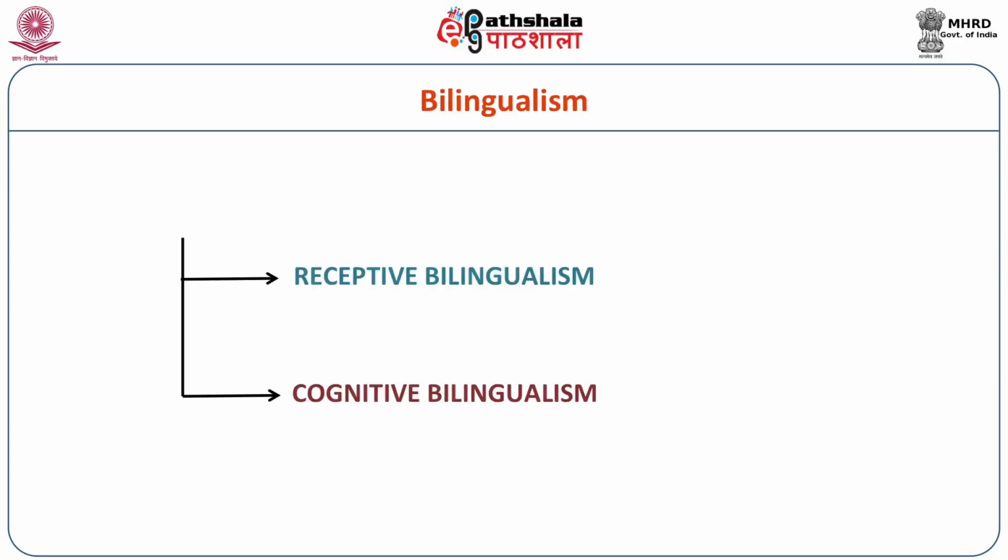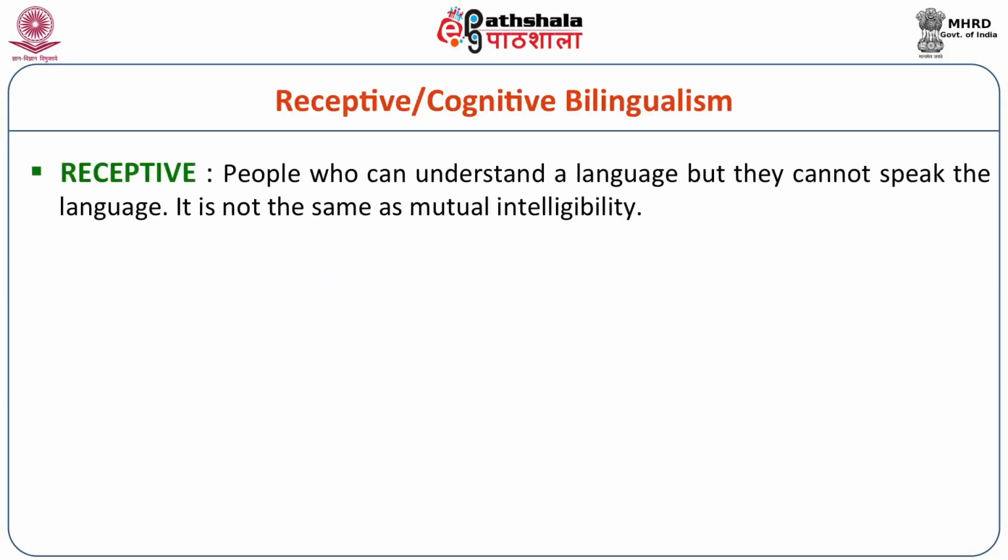Now, bilingualism may be divided into various kinds. One is receptive bilingualism and the second is cognitive processing. What is receptive? People who can understand a language but cannot speak it. It is not the same as mutual intelligibility.